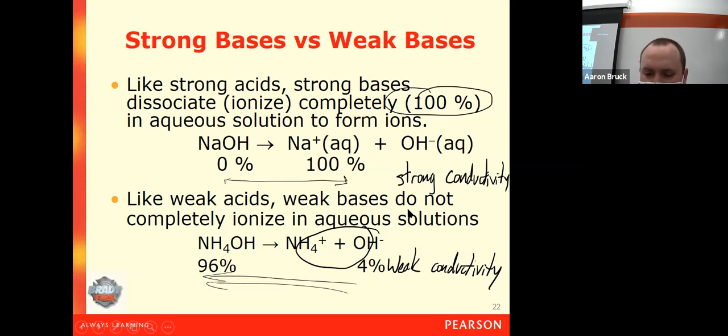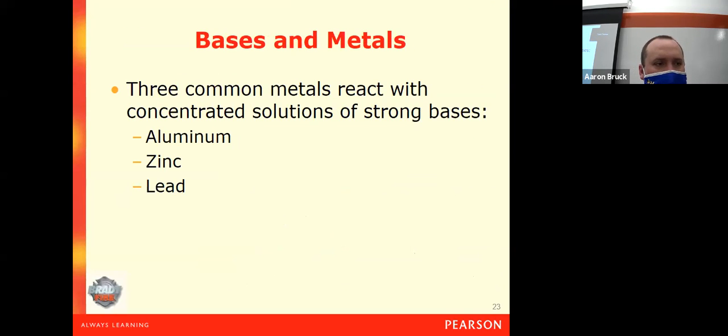But both solutions of weak acids and strong acids, weak bases and strong bases, they will conduct electricity. They will just conduct it varying based upon how many ions are there.